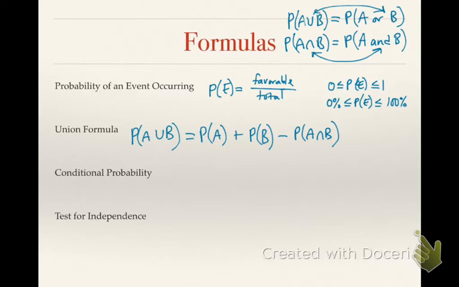Now the word or is going to be an inclusive or, meaning that it's not one or the other. It's going to be one or the other or both, because both occurring means that at least one of them occurred.